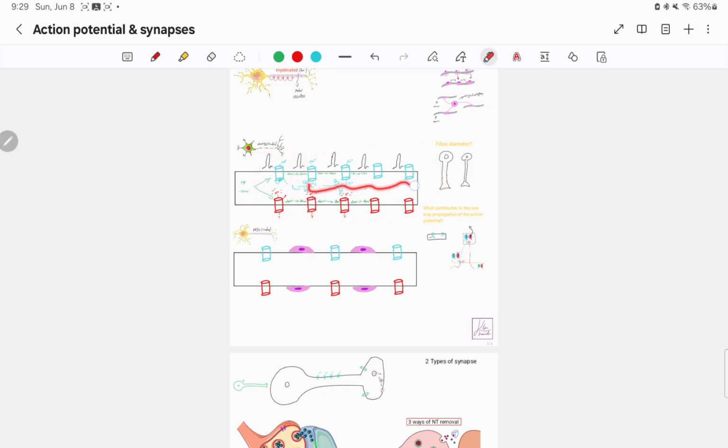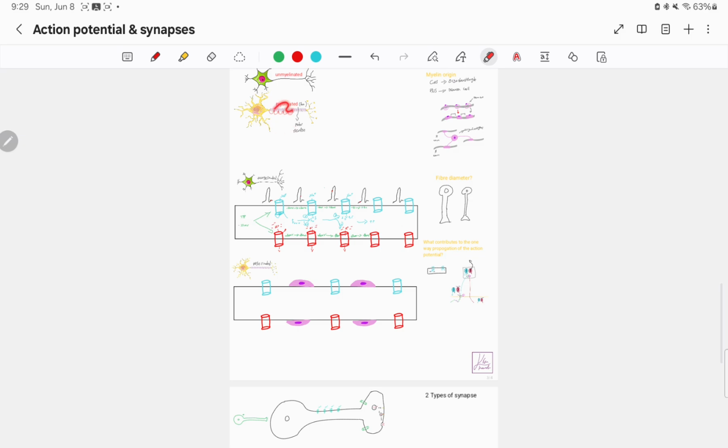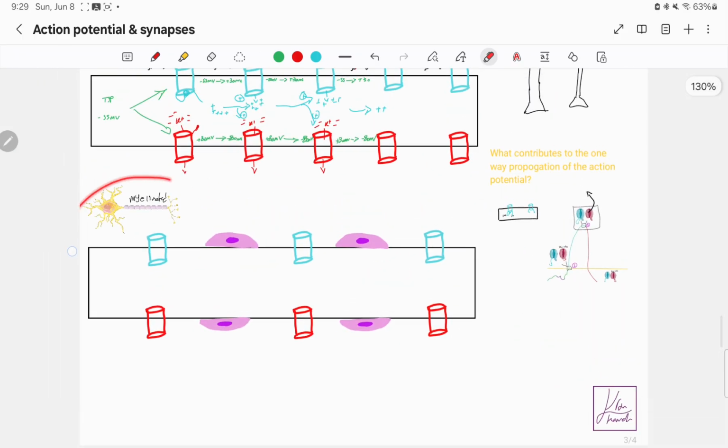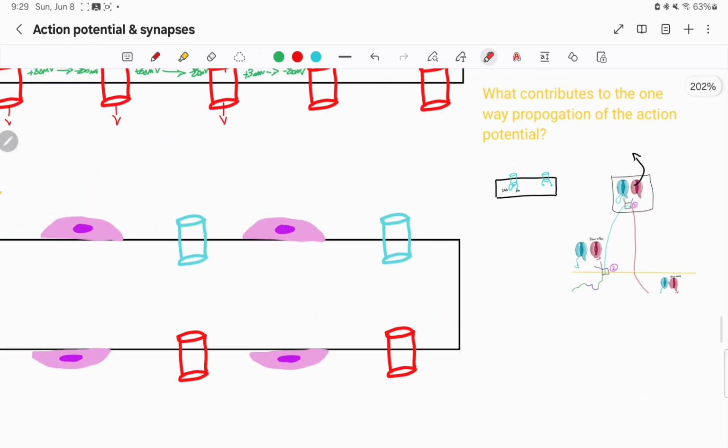And this will continue carrying forward all the way down the entirety of the axon and spread throughout those synaptic terminals. We'll talk about that in a second. But I really need you to understand that.